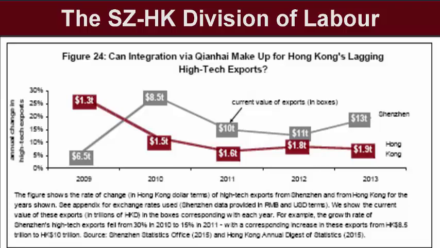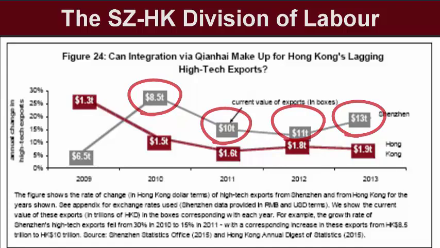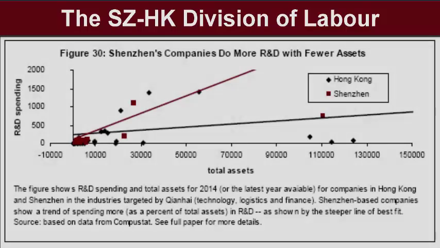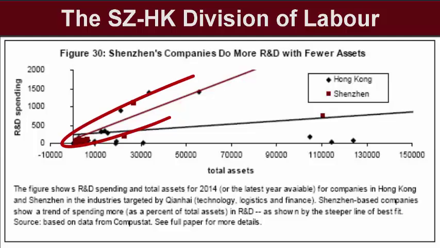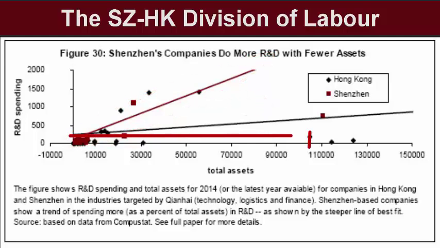And as we see, Shenzhen's high-tech exports took off in 2010 and remained well above those of Hong Kong after that time. Figure 30 shows that on average, Shenzhen's R&D spending outstrips that of Hong Kong, and Hong Kong companies tend to employ far more assets than their Shenzhen rivals in order to produce the types of innovations and high-tech exports the region needs in order to compete in the global marketplace.